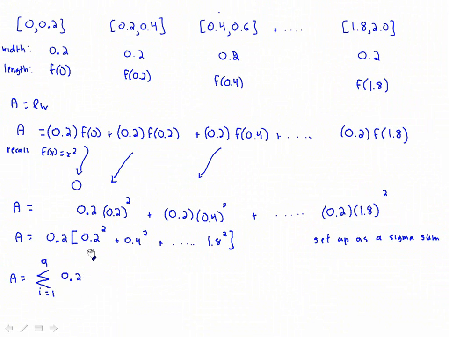But the formula, if we call this i is equal to 1 and i is equal to 2, to keep the counting numbers going, what in fact we're getting is a formula where we have 0.2 times i squared.